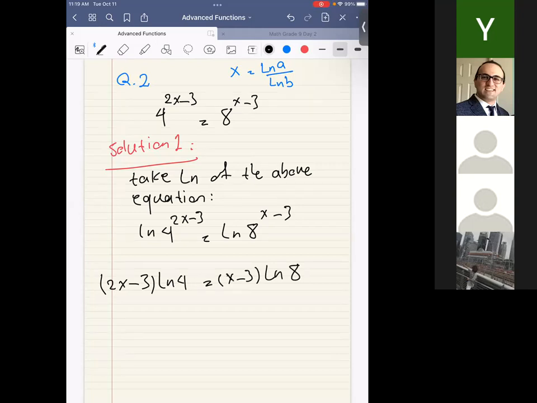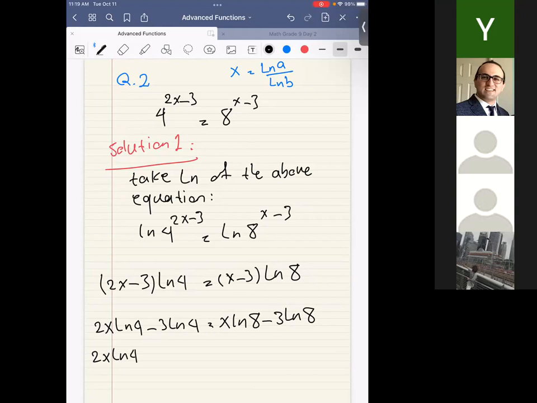Now you distribute this multiplication, and you get 2x times ln of 4 minus 3 times ln of 4 is equal to x times ln of 8 minus 3 times ln of 8. And if you take x ln of 8 to the left and 3 times ln of 4 to the right, then you get 2x ln of 4.